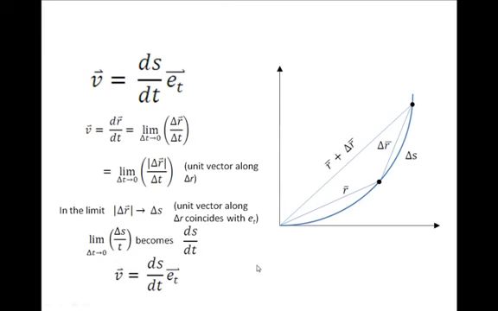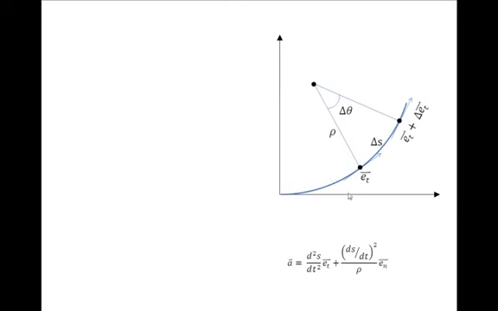Now, let's go ahead and derive the acceleration expression. Let's take again a point at time t and t plus delta t, and let the tangential unit vector at this point be et. And since we already said that it is not constant, after t plus delta t, let this tangential vector become et plus delta et.